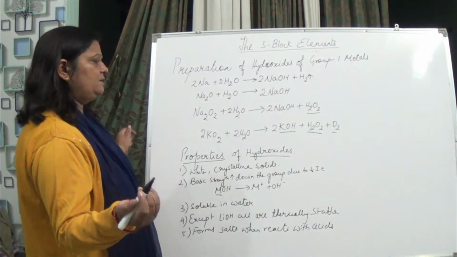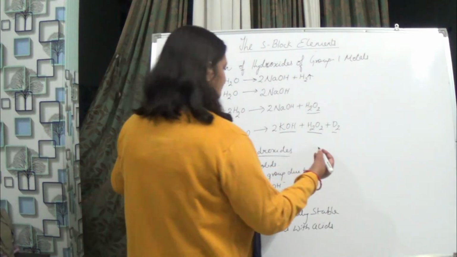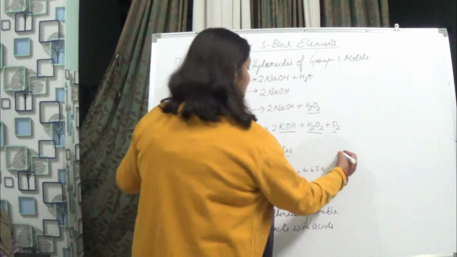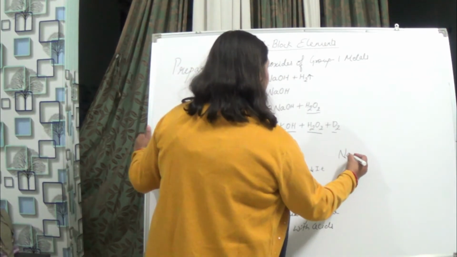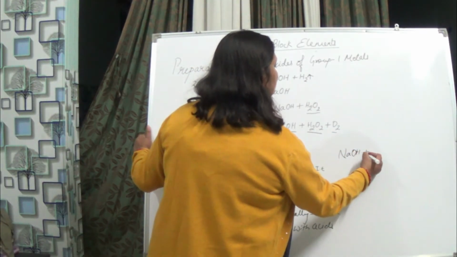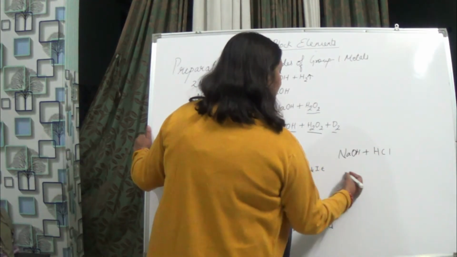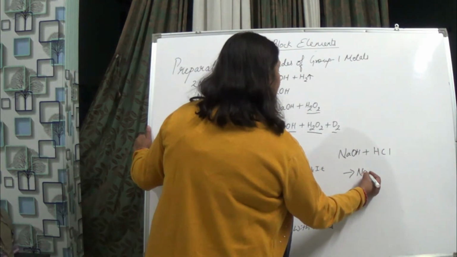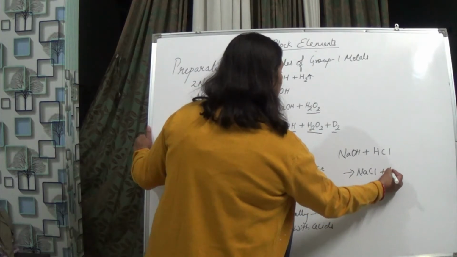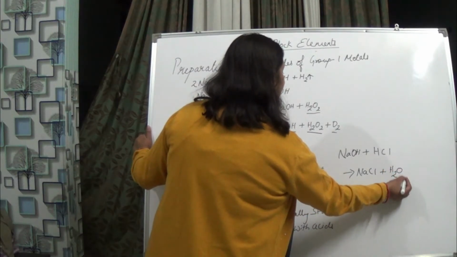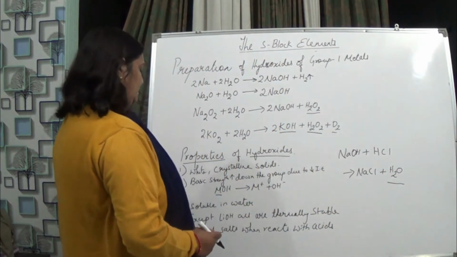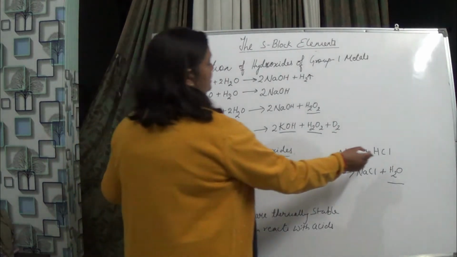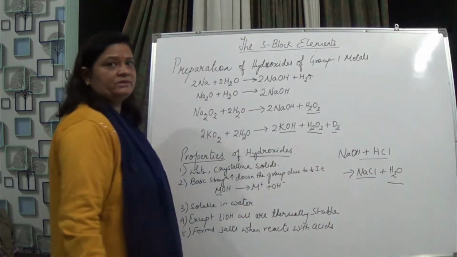For example, take the simple example of NaOH, sodium hydroxide. When it reacts with an acid like HCl, it forms what? NaCl, isn't it? Plus what? H2O. So when they react with any acid, they form salts.